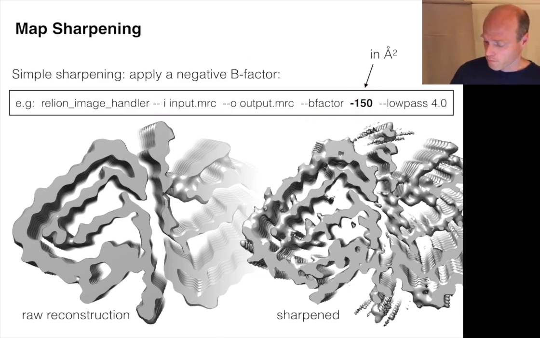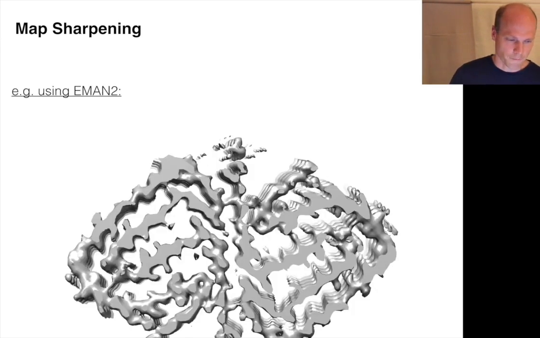You can apply a negative B factor and typically combine this with some low pass filter, and the effect is typically quite drastic. This would be the raw reconstruction that you get out of your reconstruction program, and then if you sharpen, you suddenly see a lot of additional features and side chains and everything. So sharpening is a crucial step in the image processing.